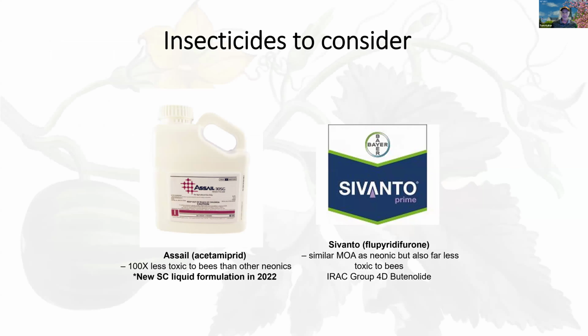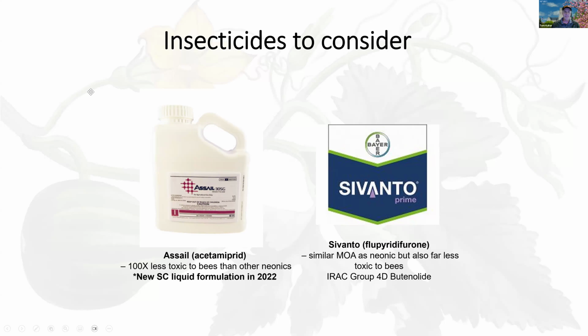So there's Assail, and then there's also some neonic-like products like Sivanto that's come out. Basically it does the same thing as neonics, but is way less toxic to bees. So you could pick one that is much less damaging to pollinators and non-targets.